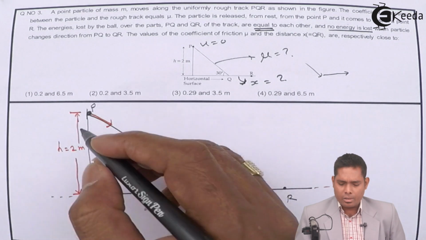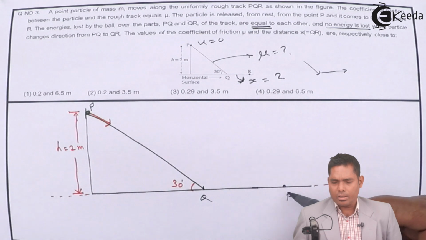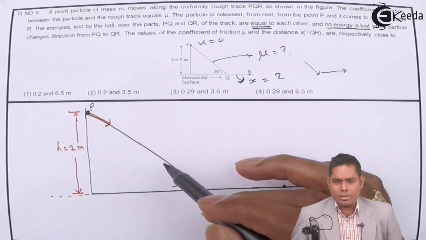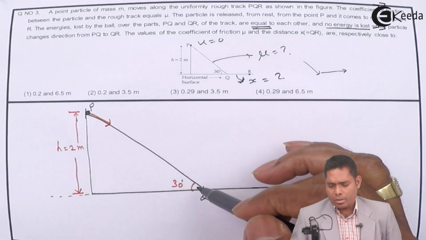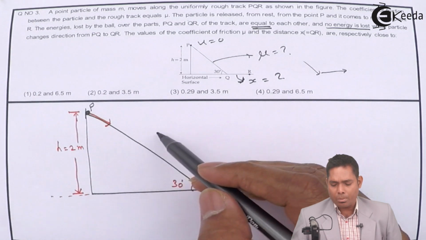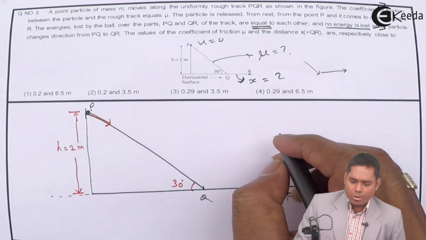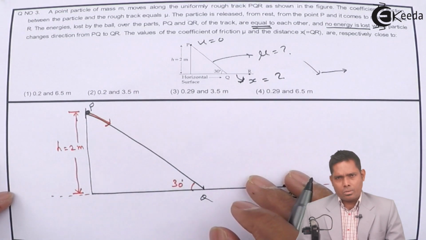What is the energy? Energy in the form of kinetic and potential. So equate the total energy here with the energy here. The remaining energy is lost as work done. When it comes down, there is a loss of energy due to friction. Friction will lose half of the energy from here to here and half from here to here. So let me solve the question, then we'll discuss any other possible method to solve this.